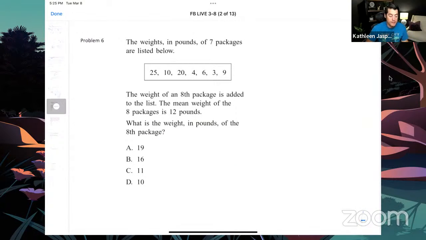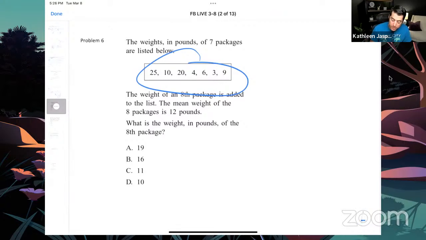Next one, we've got the weights in pounds of 7 packages are listed below. The weight of an 8th package is added to the list. The mean weight of the 8 packages is 12 pounds. What is the weight in pounds of the 8th package? Okay, so what we've got is our packages.